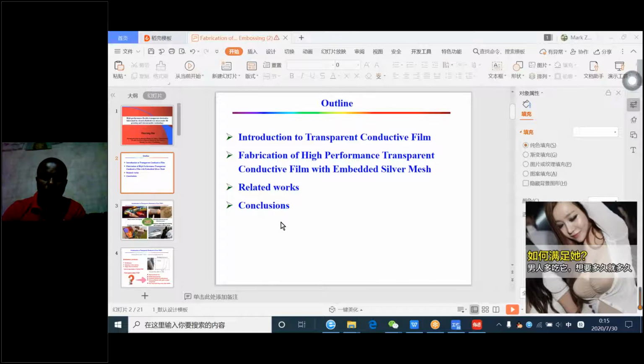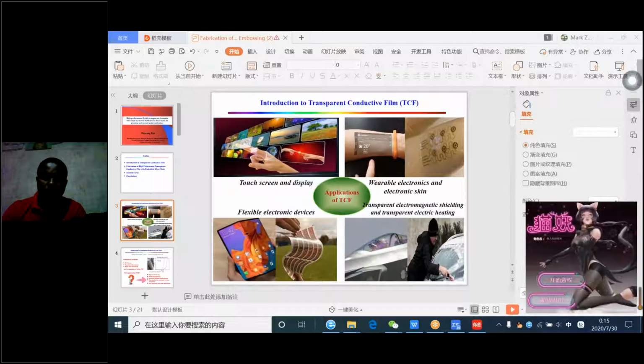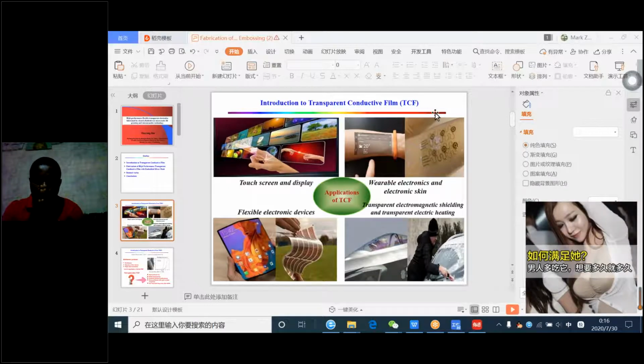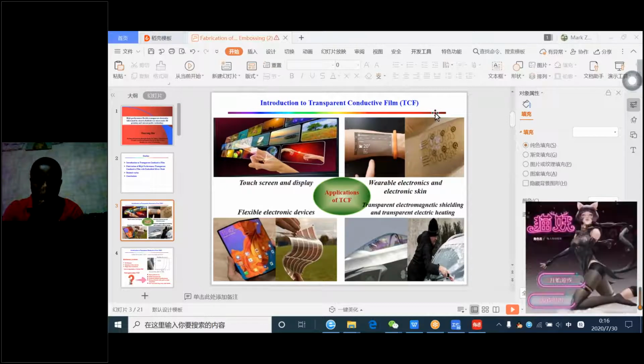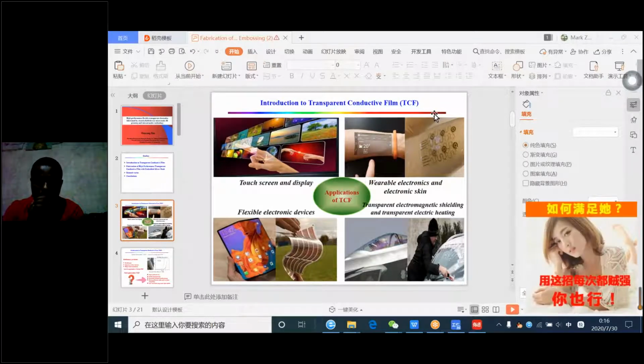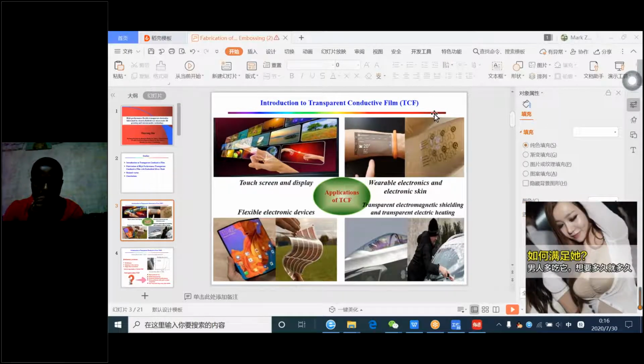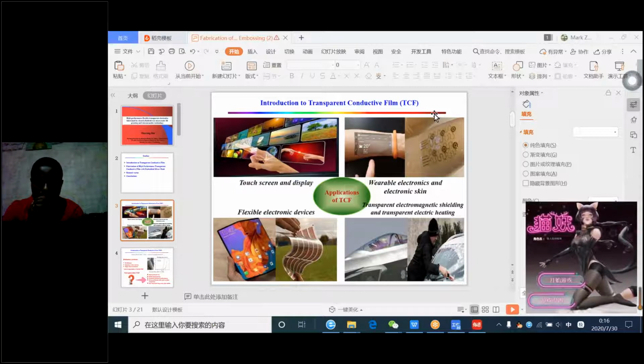It is well known that TCF has been widely applied in many fields, such as touchscreens and displays, wearable electronics and electronic skin, flexible electronic devices, and transparent electromagnetic shielding and transparent electric heating, and so forth.